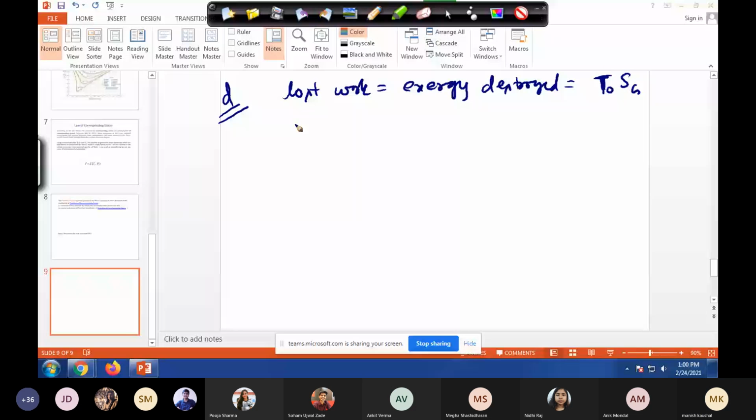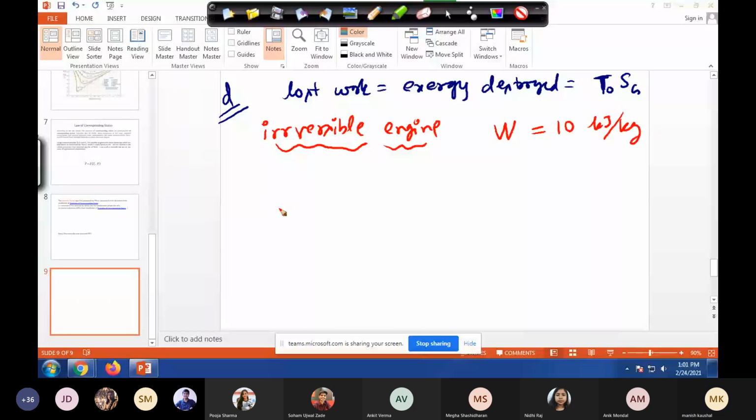It's an irreversible engine. So output is not going to be 11.51, it's going to be less. That's why we have lost work. And it is given that the work output of the engine W is 10 kilojoule per kg. So you are giving some Q, which is of course 40, but this time work is not 11.51, this is 10 only.